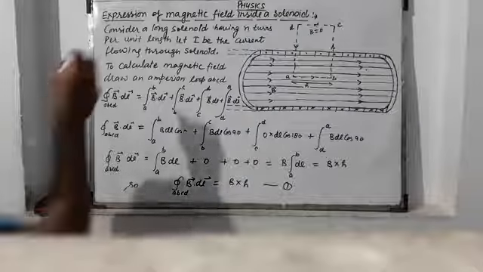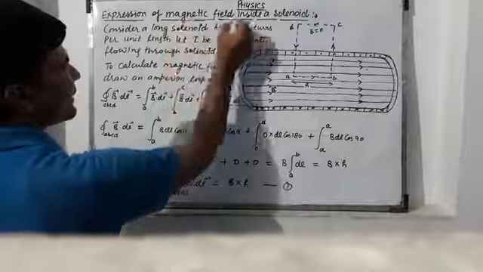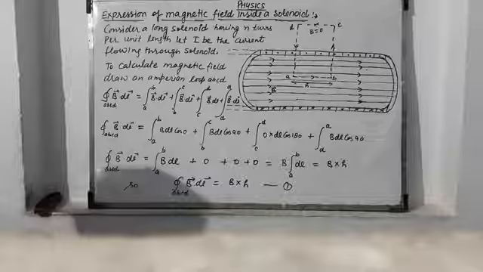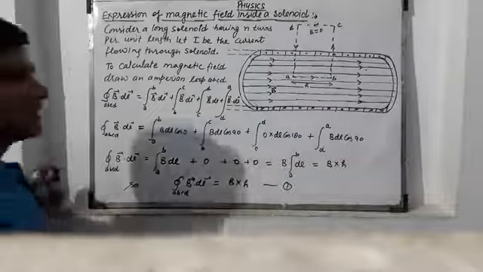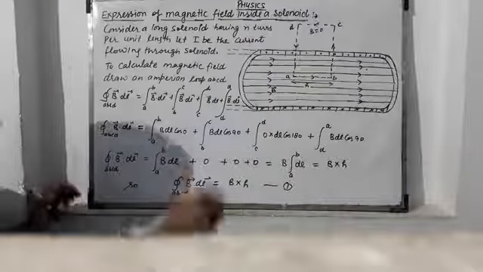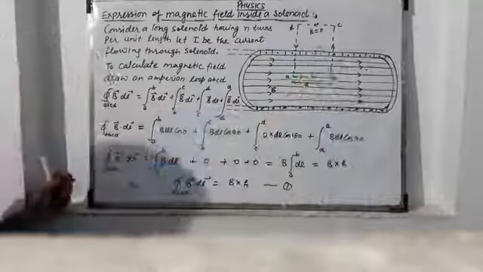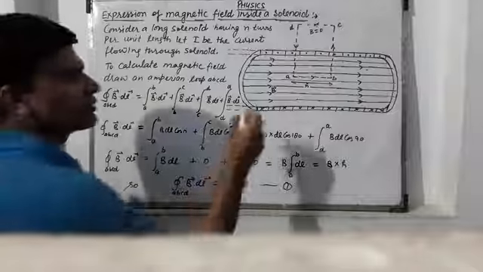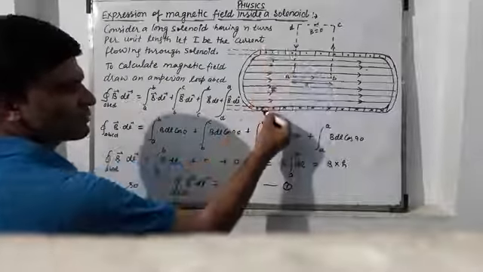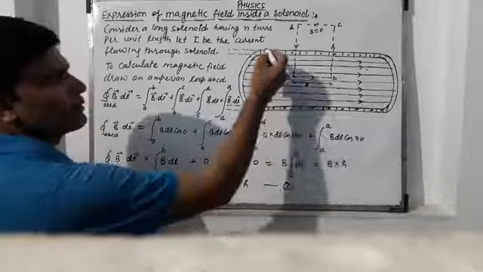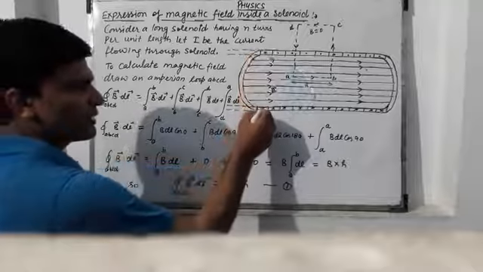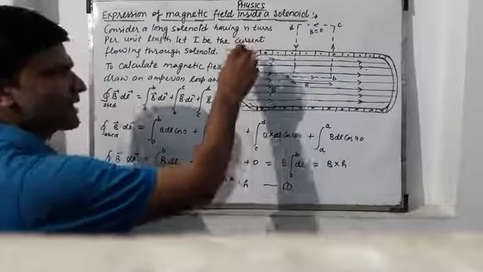Now the expression of magnetic field inside a solenoid. This is the cross-sectional view of a solenoid in which the current I is flowing in this pattern. Here upward, and here downward, like this.